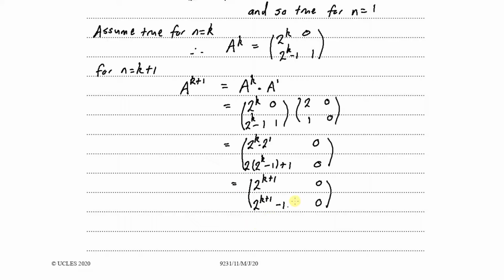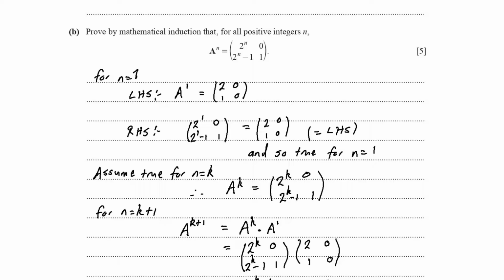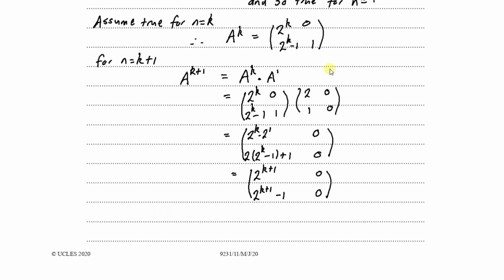Now, if you look at what we have, you can notice that if we put back n in place of k plus 1, it will come back to the original formula. So what we have now is the correct proof, and we're going to say it is also true for n is equal to k plus 1.